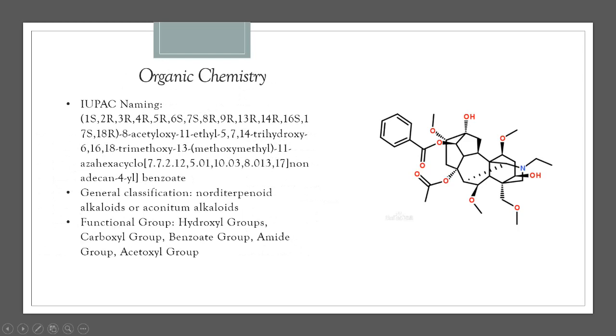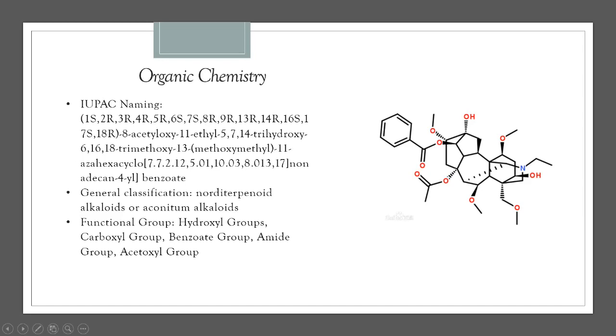In organic chemistry, first is the IUPAC naming. It's over here. It's really long. It's made of really many functional groups, and so the general classification of the chemical is norditerpenoid alkaloids, or aconitum alkaloids.